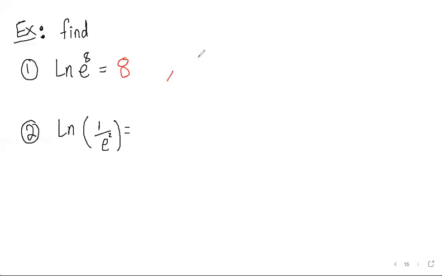By using the property that ln of e to the x is equal to x. For this one, what is the answer? He said -2. This is true.